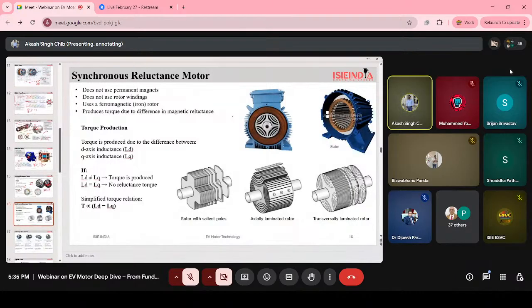So basically, this motor also doesn't use permanent magnets and does not have rotor windings. It uses a ferromagnetic iron rotor. You can see the different types of rotors we have in this motor.